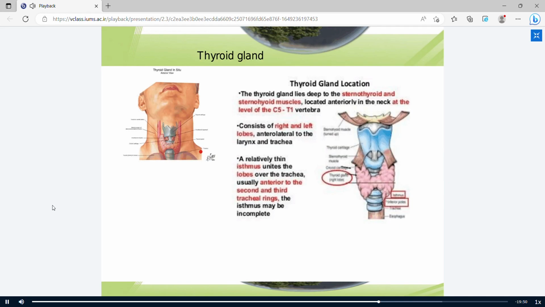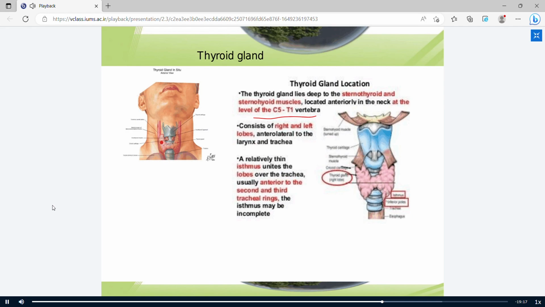The final subject for today is the gland. The thyroid gland is located in the neck, deep to the sternohyoid and sternothyroid muscles, and is related to the trachea and carotid sheath, at the level of C5 to T1.